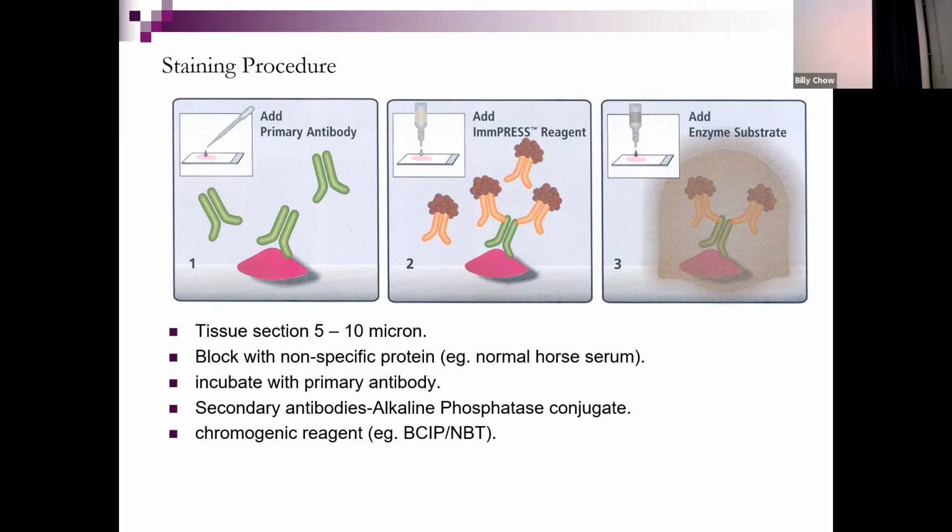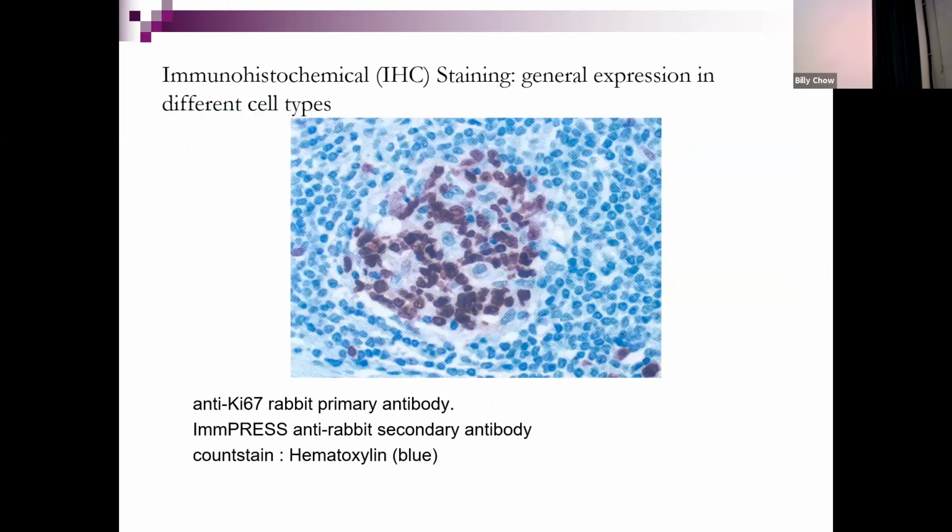Okay, so this is the kind of result that we're looking at. This is a section, and it's counterstained with hematoxylin, so all the cells are stained blue. In this case, the Ki-67 primary antibody is used for the detection of Ki-67, and then you have the alkaline phosphatase conjugated secondary antibody with NBT-BCIP for detection.